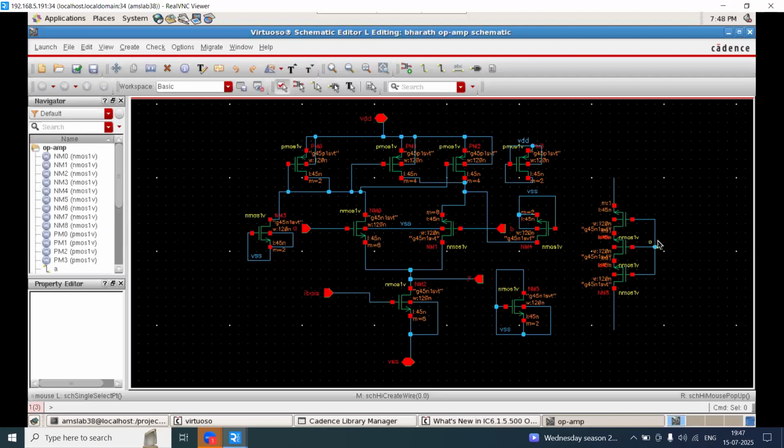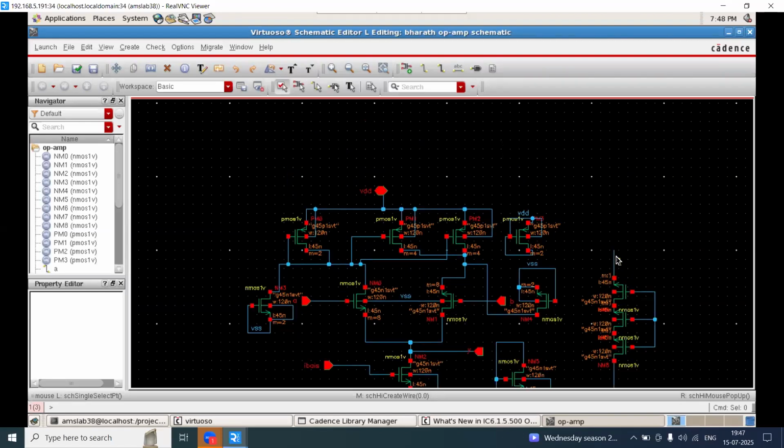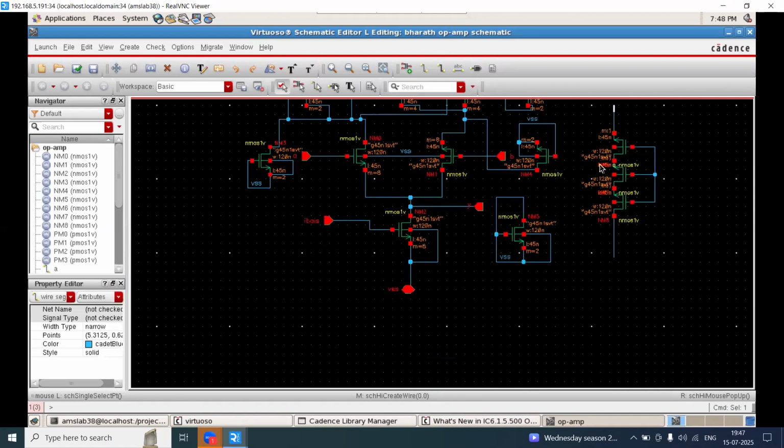Here this gate will be connected to one separate net, and this side will be connected to one separate net. There will be no intermediate connection in between. These terminals will not be connected anywhere, and finally this net, and these three gate nets will be connected to the supply connection.